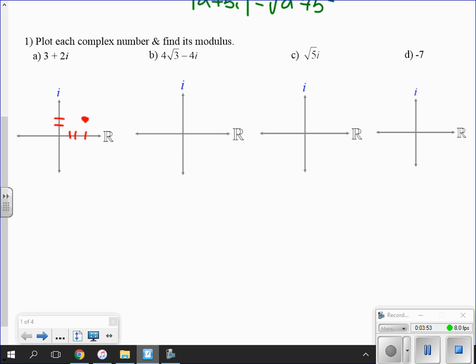And then you want to find the modulus. Square root of 3 squared plus 2 squared. 3 squared is 9, 2 squared is 4, 9 plus 4 is 13. I have the square root of 13. Oh, don't worry. It will get more difficult.